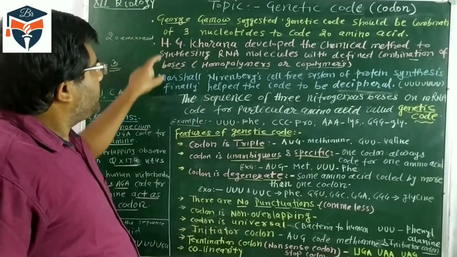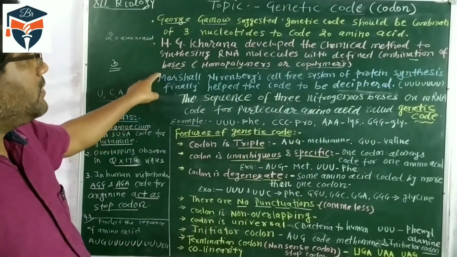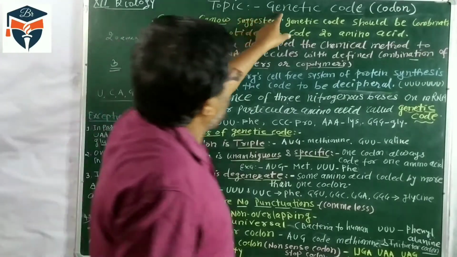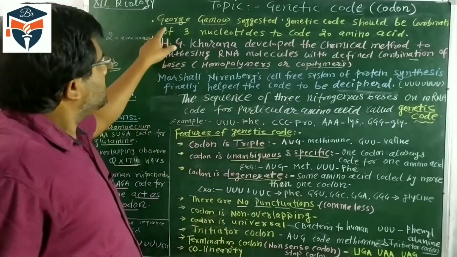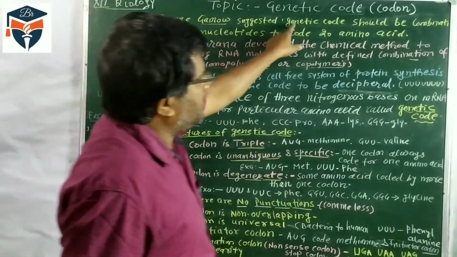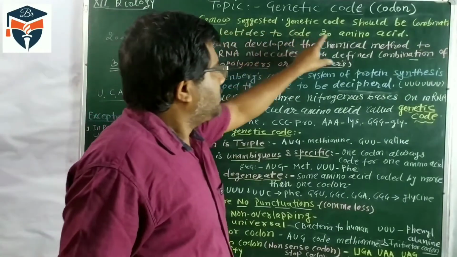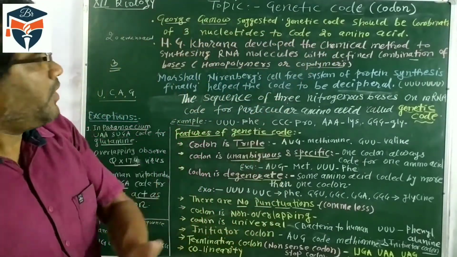So the contribution and work of these three scientists are very important in this topic, the genetic code. First, George Gamow said the genetic code should be a combination of 3 nucleotide bases, coding for the 20 amino acids.